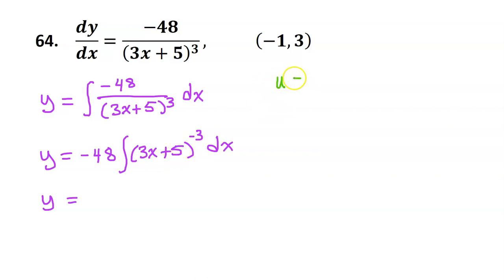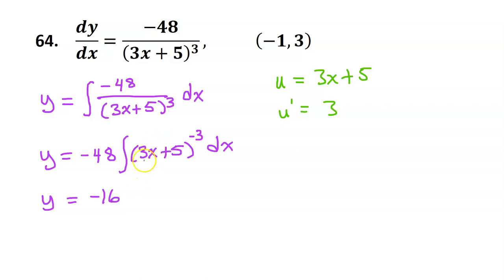In your mind, think u is 3x plus 5, which means that u prime is 3. The fact that u prime is a constant is a big hint that you could probably do this mentally, because we always end up dividing by u prime. So we will end up dividing by 3, and negative 48 divided by 3 is negative 16.